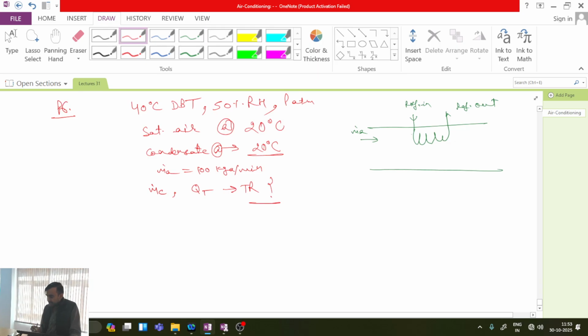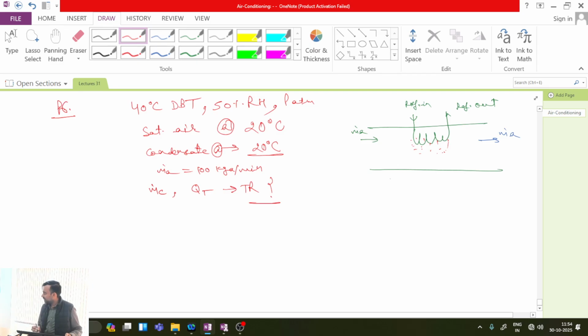When this moist air passes over the coil, then at the exit the moist air will be cooled, and upon cooling some amount of water will also form, because of the condensation process. Whenever you cool in an AC, some water also forms. Because state 2 is saturated, it means some condensate has also formed.